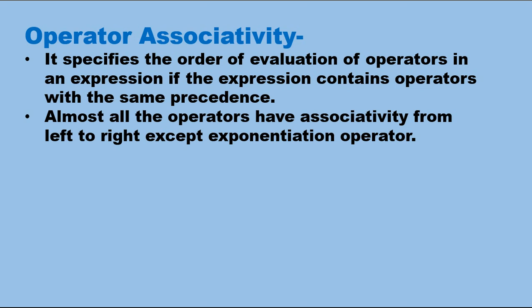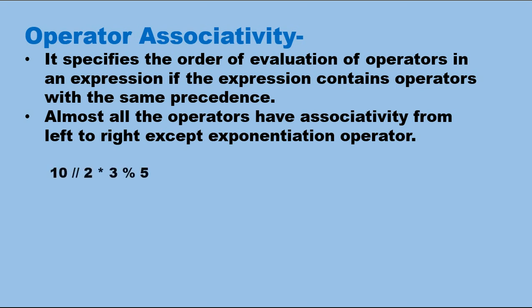Operator associativity specifies the order of evaluation of operators in an expression if the expression contains operators with the same precedence. Almost all the Python operators have associativity from left to right except the exponentiation operator whose associativity is from right to left.